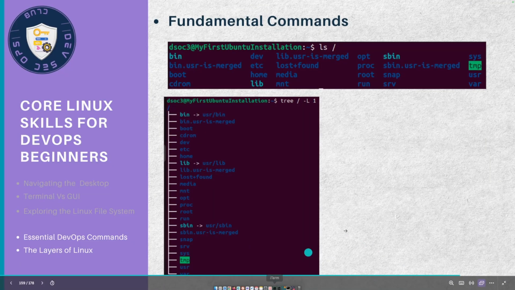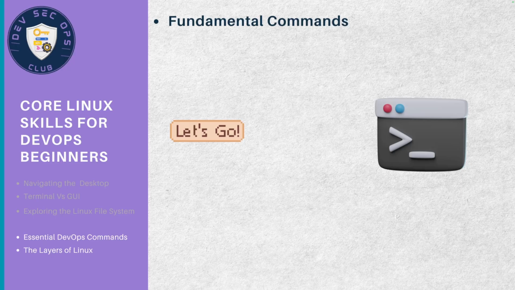Okay, so let's move forward, and what we have now. Okay, so fundamental commands. We have already seen all of these things: desktop, terminal versus UI, exploring the file system, and now we are at our topic, fundamental commands.